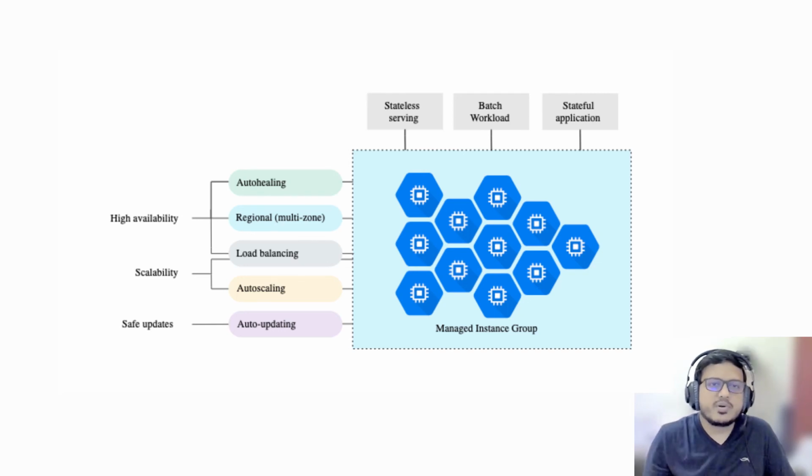When we talk about security, there are certain other types of VMs. One of them is called shielded VM. So shielded VMs offer verifiable integrity of your compute VM systems, and you can be confident that your instances have not been compromised.